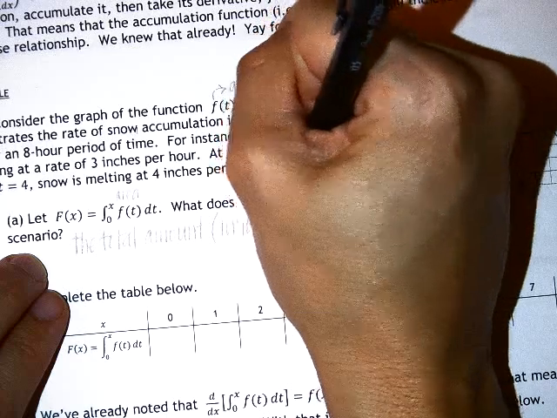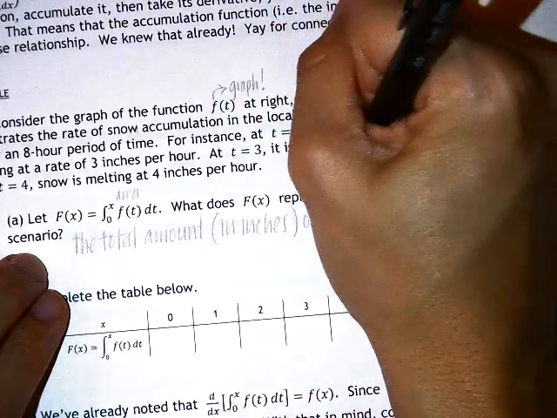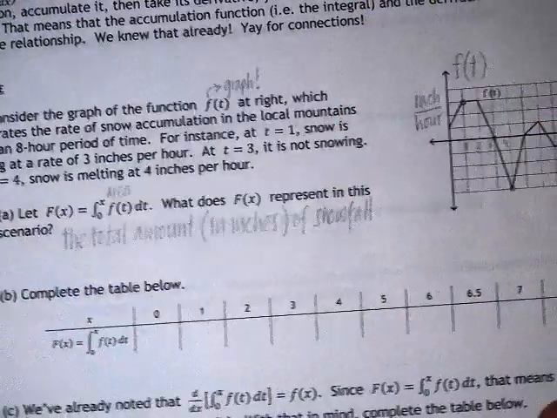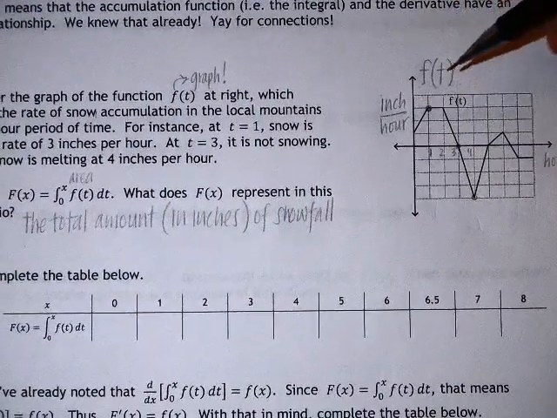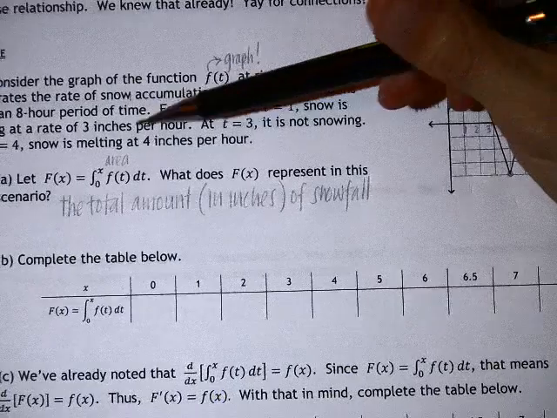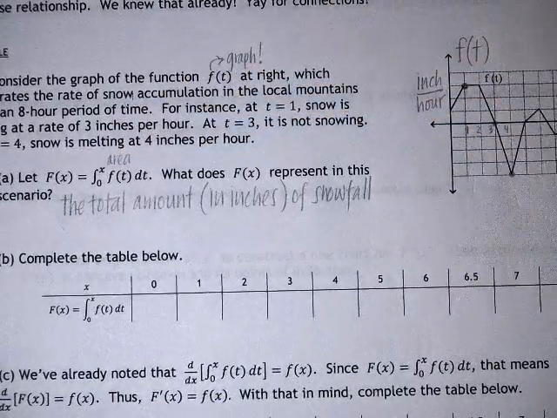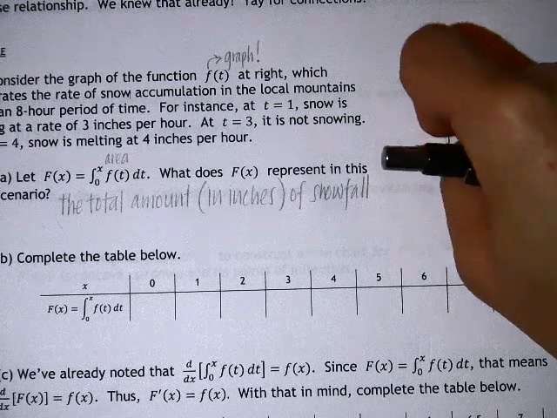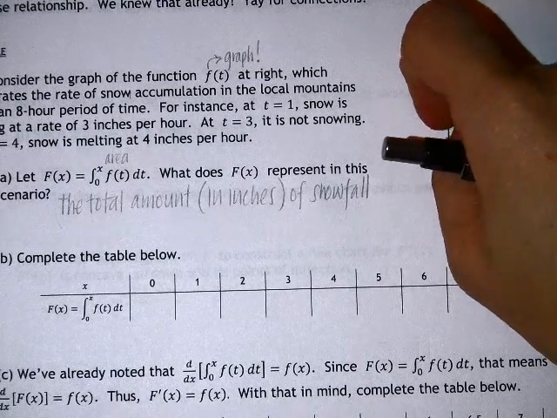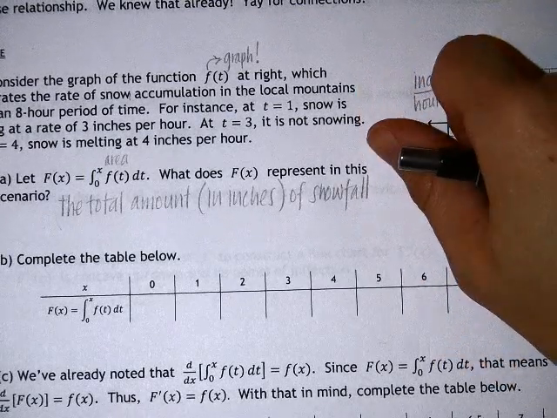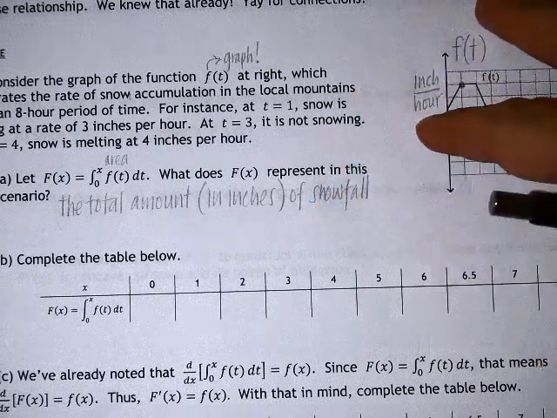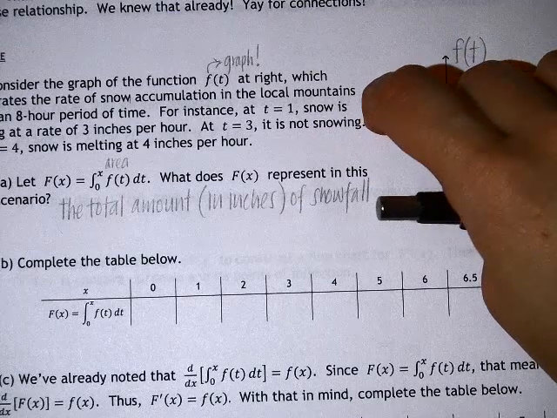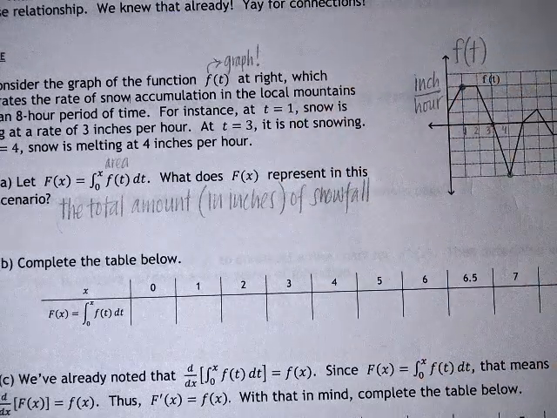Now, if that interpretation doesn't make sense, perhaps this one will. If we think about big F as an integral, think about the fact that it's an antiderivative of inches per hour. Remember when we always used to talk about units when we did velocity problems? When you have a velocity, usually measured in, say, feet per second, think about going backwards from velocity.